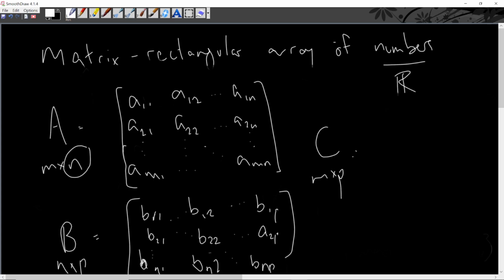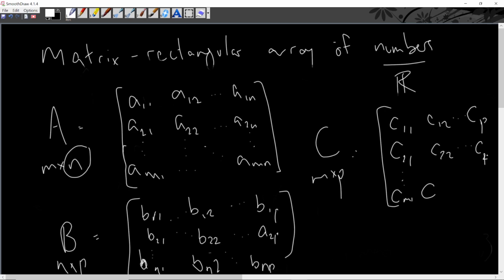It'll start at C11, go to C12, on and on till you get to C1p, and you go C21, C22, C2p, and then you go off into Cm1, and then Cm2, off into Cmp, as it continues across that main diagonal. Alright, and we will try and define A times B equals C.